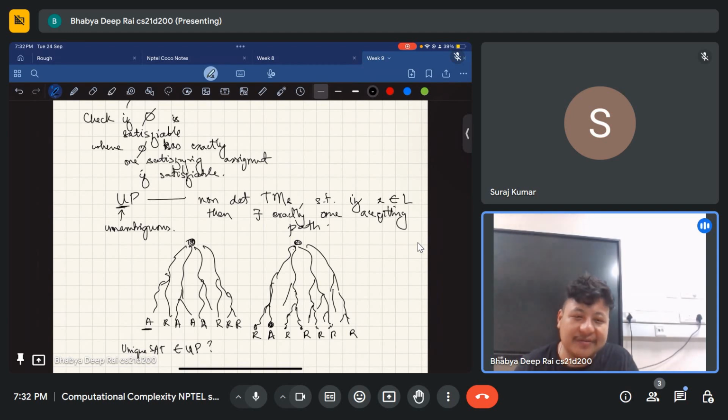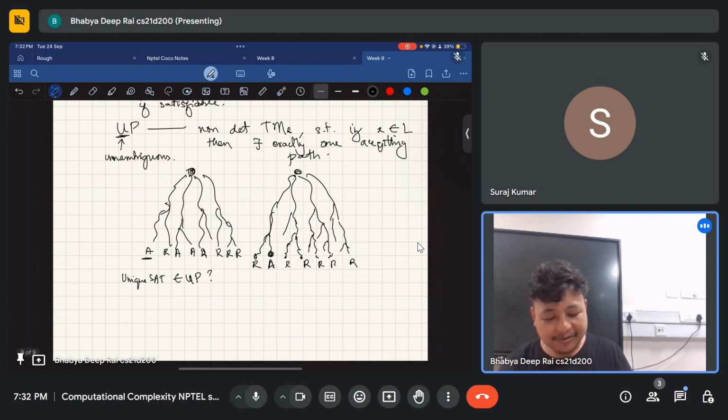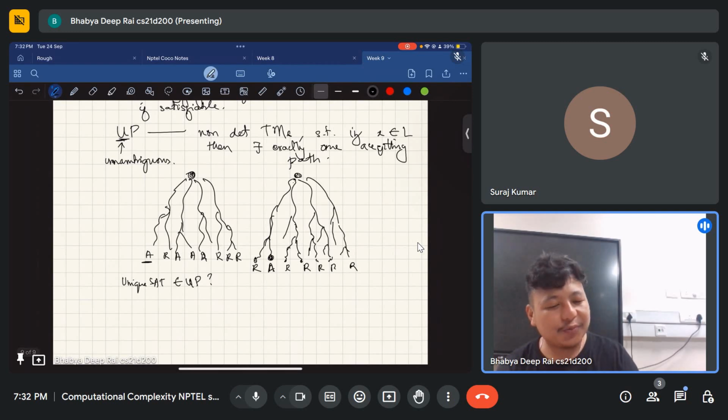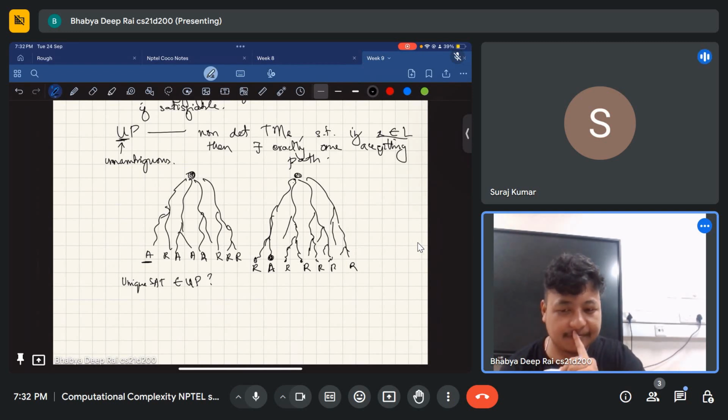If I do the non-deterministic guess, then I'll have exactly one path that accepts, which I can term a UP algorithm. It won't be wrong to say so, because it satisfies the definition of UP: a non-deterministic Turing machine such that if X is in the language, there is exactly one accepting path. Yes. Now, unique SAT is in UP.